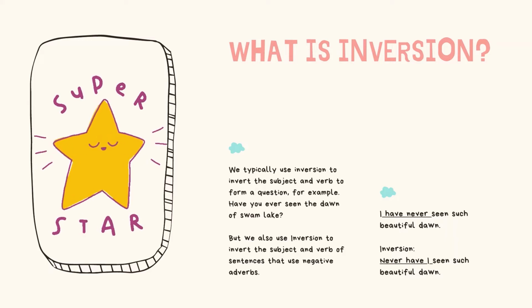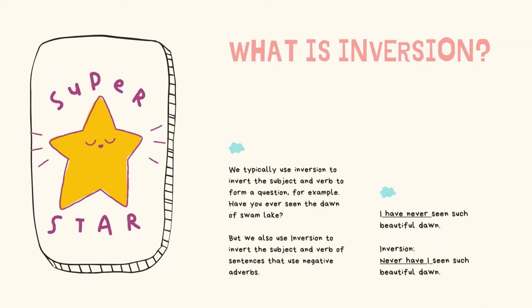But we also use inversion to invert the subject and verb of sentences that use negative adverbs. For example, I have never seen such a beautiful dome. Never have I seen such a beautiful dome.